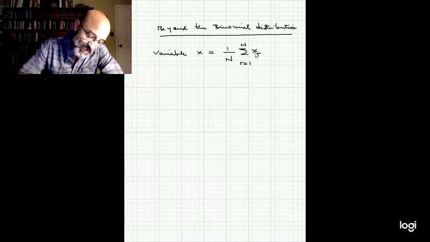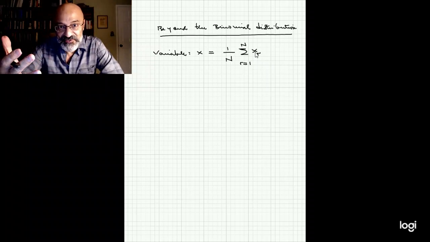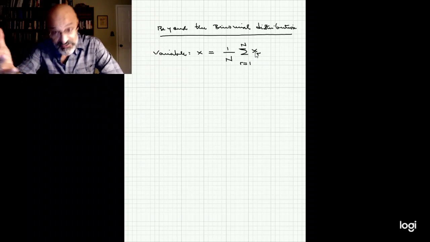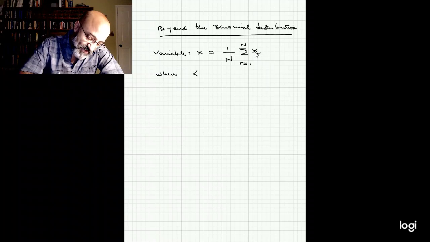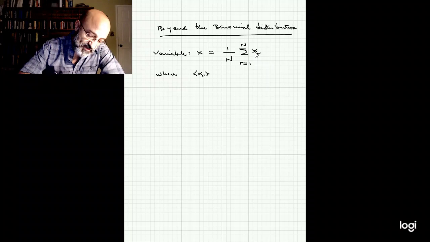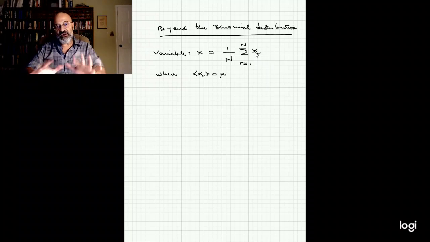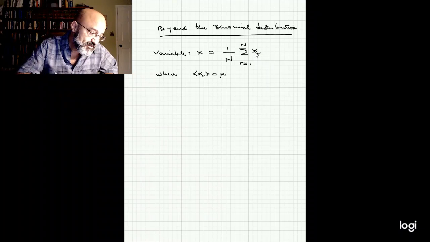Let us assume now that it's not just a binomial distribution. It's any distribution, but we have to say something about these guys. So whatever the distribution for the xr's is, we know the expected value, mu, and we know the variance.